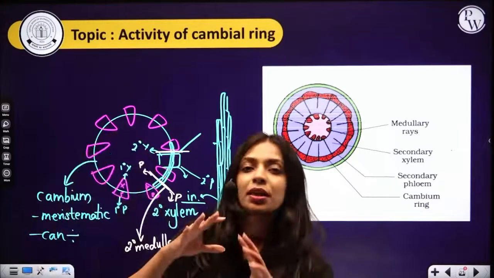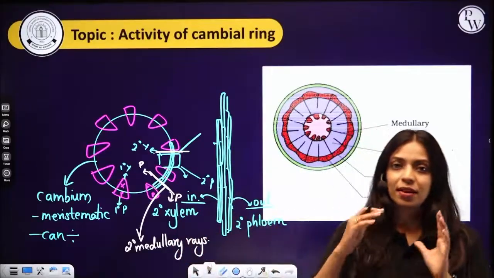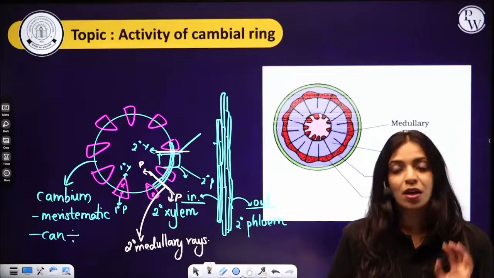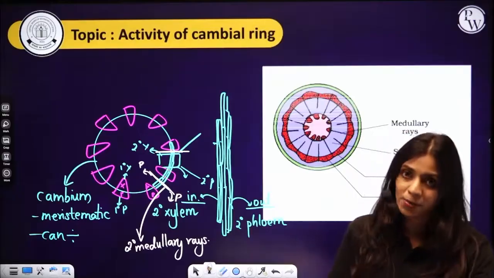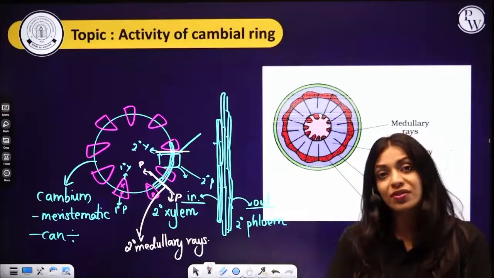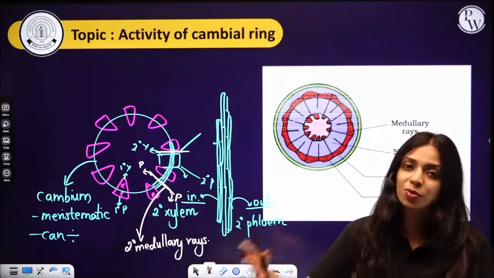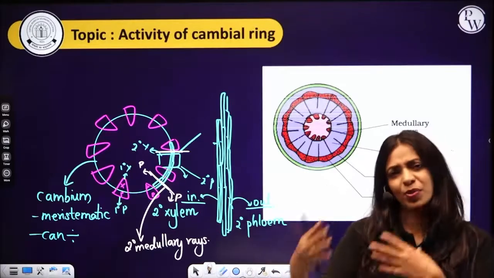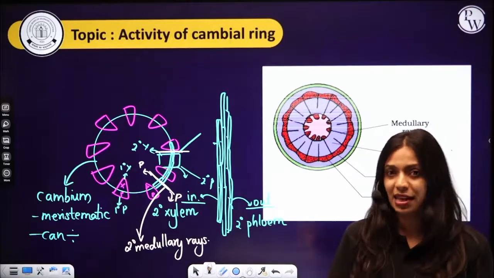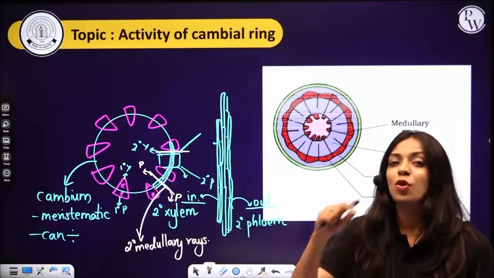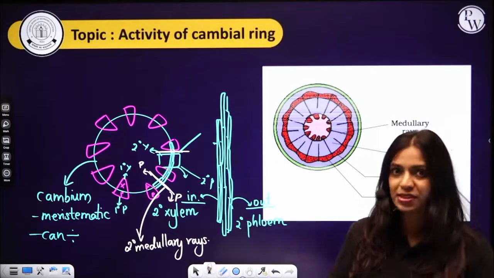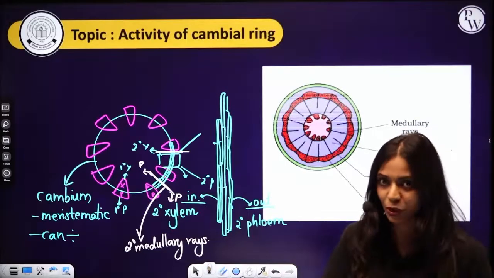Now this cambium is cutting off cells inside and outside. Whatever cells it's cutting off inside will become xylem, we call that secondary xylem. Whatever cells it's cutting off towards the outside becomes phloem, we call it the secondary phloem. In between the secondary xylem and phloem, narrow strips of parenchyma are being added on both sides. We call that secondary medullary rays.